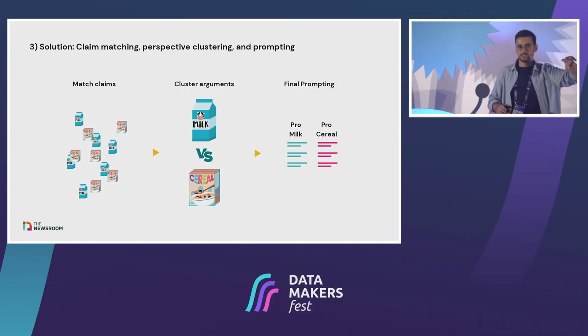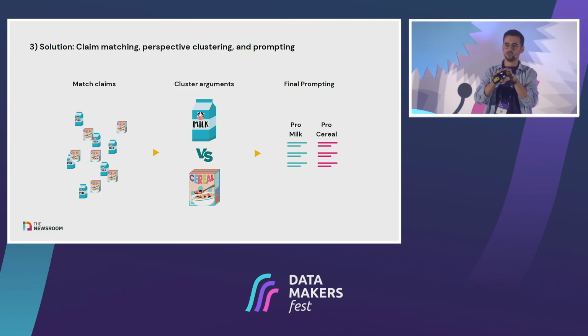What we did here is, because we have all of these claims already extracted from the documents, we can be much more effective in clustering different opinions for a specific query. We're able to see very efficiently that there is a cluster of arguments that is pro-milk first, and a cluster of arguments that is pro-cereal first, and then we can match these two and say, okay, these two have a conflict between them.